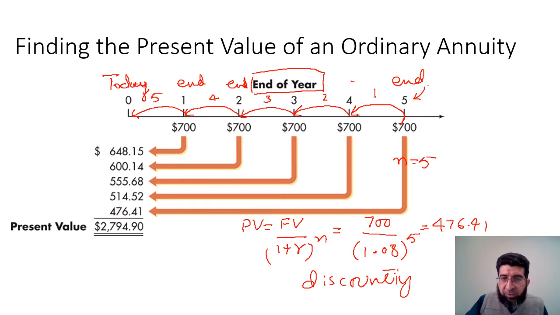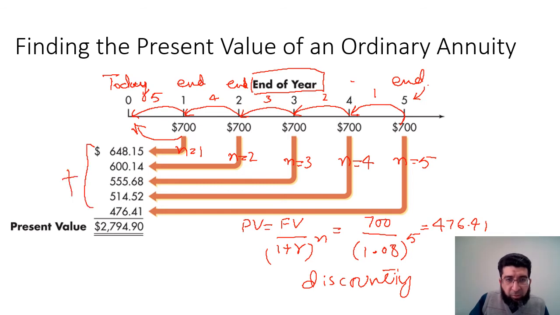Subsequently, we can also see that for 4 years, this will be 3 years, this will be 2 years, and this will be N equal to 1, because the last payment will go only from 1 to 0, for today. So when we sum up all of them, we get a total present value of 2794, which is exactly the one that we found using our formula.